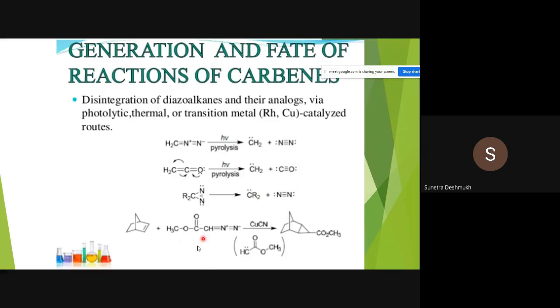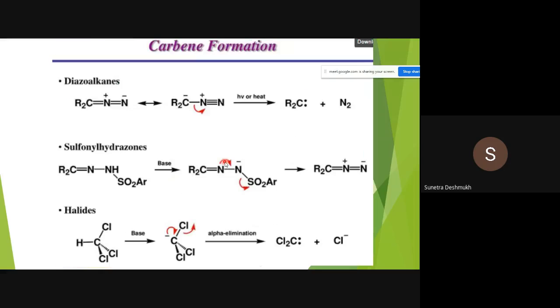So different routes are there to synthesize carbenes from diazoalkanes. With heat we can get carbene; from sulfonyl hydrazone we can get carbene or nitrene. From halides we can synthesize CCl2 as a carbene by alpha elimination.